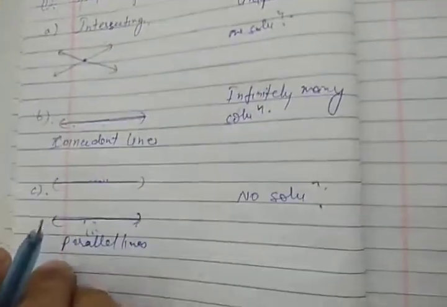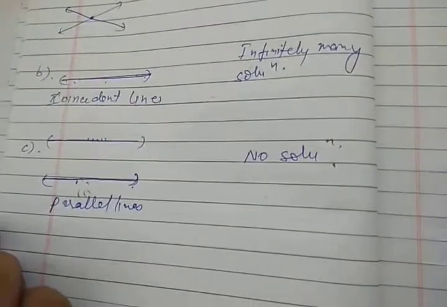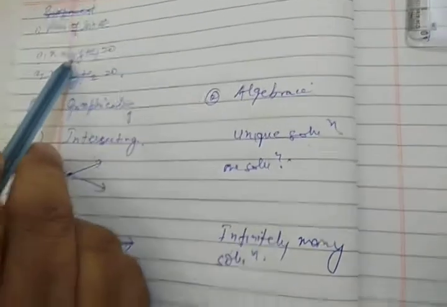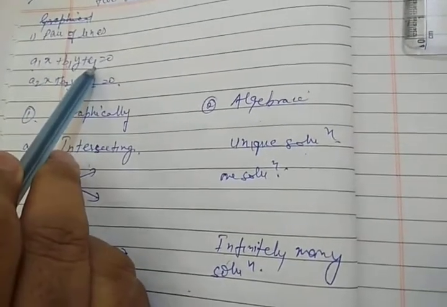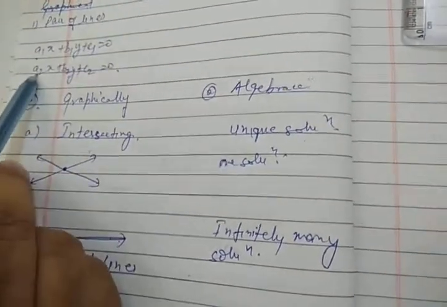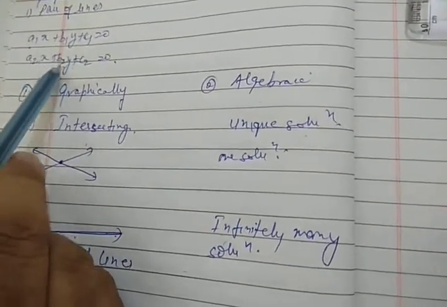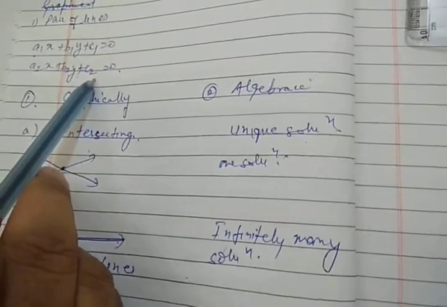Now, some conditions are there with respect to these. Here, a1 represents the coefficient of x, b1 of y, and c1 is the constant. a2 is the coefficient of x in the second linear equation, b2 of y, and c2 is the constant.